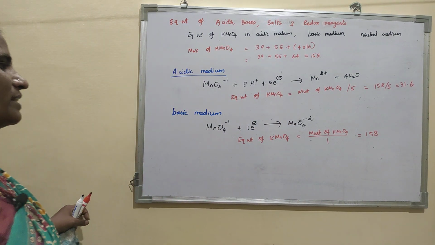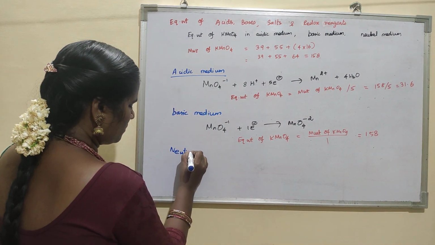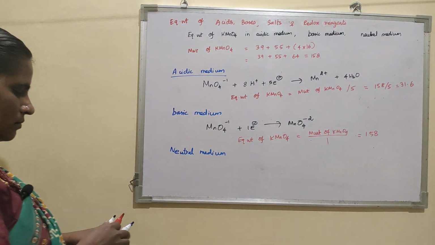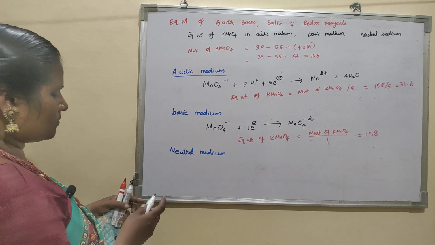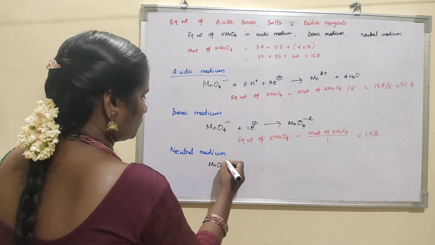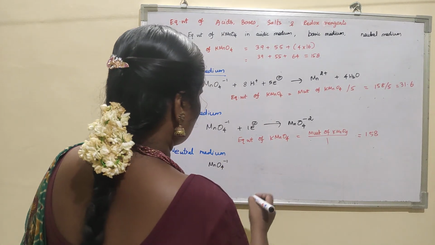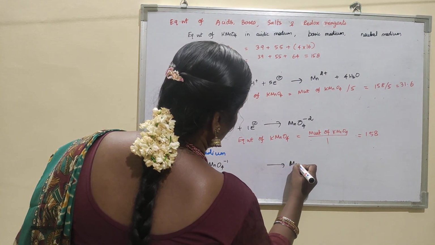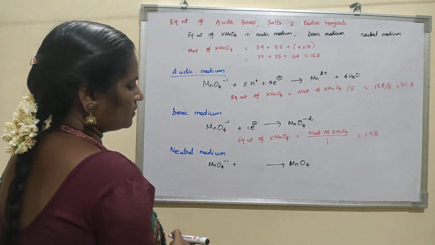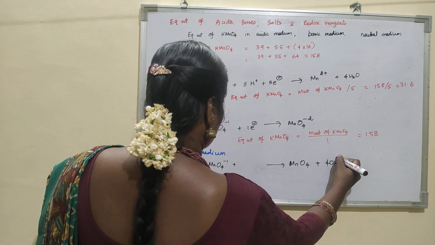Now we'll see in the neutral medium or mild alkaline medium, very feeble alkaline or neutral medium. MnO4 minus plus 2H2O, here it becomes MnO2 plus 4OH minus.